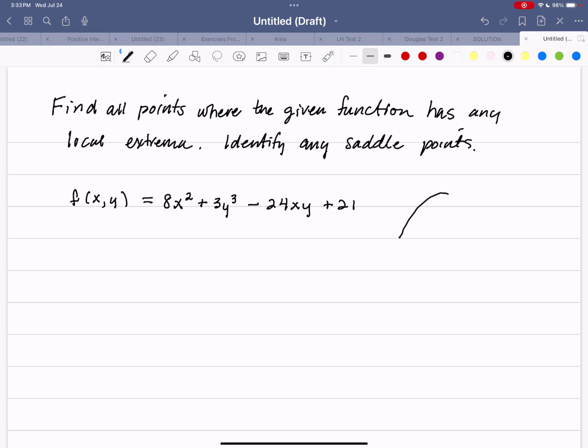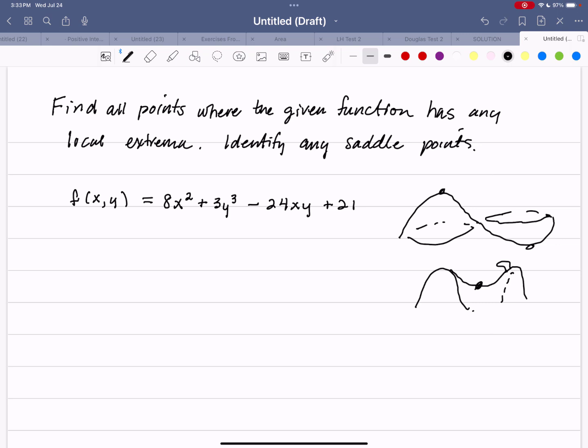So some sort of a 3D shape maybe that has a hump like this would be a local maximum. And then it might have a hump down here like this, local minimum. Remember, this is 3D. Or it could be a shape that's similar to this, which is 3D, and that point right there is called a saddle point because this kind of looks like a western saddle there.